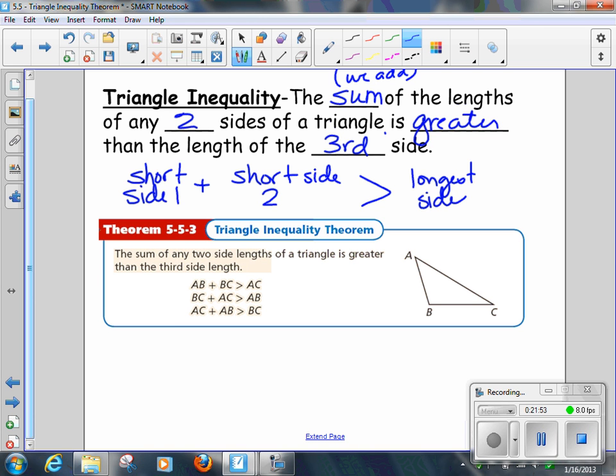That's right. It's got to be longer than the third side. Short side 1 plus short side 2 is greater than the long side. Meaning, when you add the two shortest sides up, their sum has to be greater than the third side. Okay? Which is basically what that says.